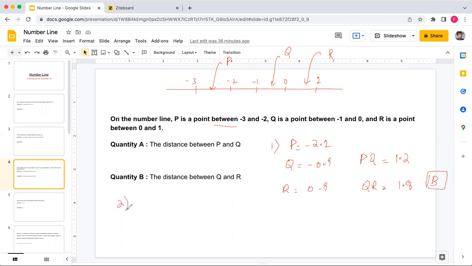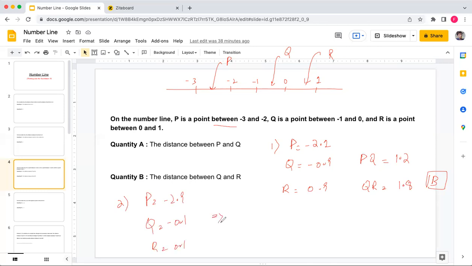Now let's see the other scenario, and let's try to come up with a way in which quantity A is greater and quantity B is less. How is that possible? If P is very close to -3 and Q is very close to 0. For example, if I pick P as -2.9, Q as -0.1 and R as 0.1.